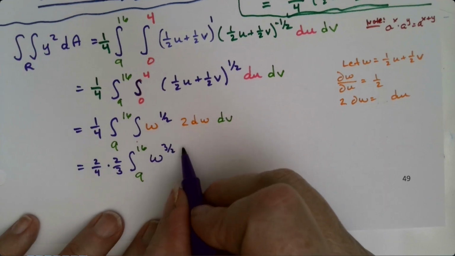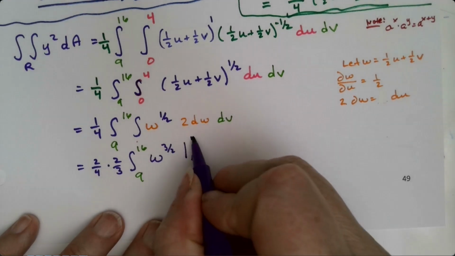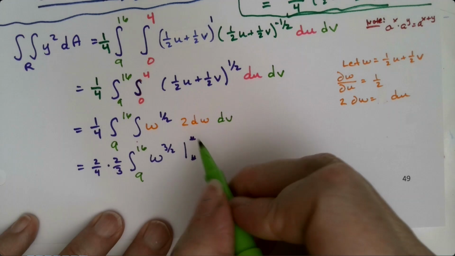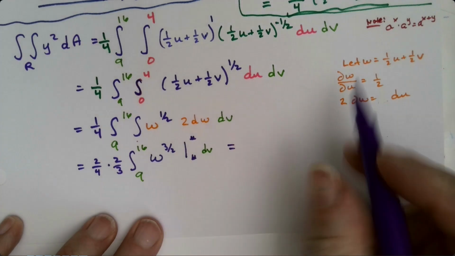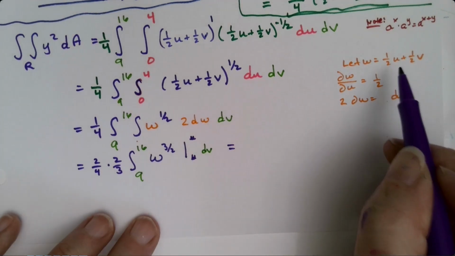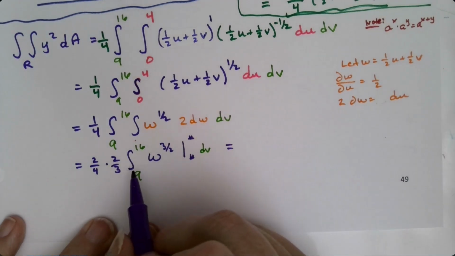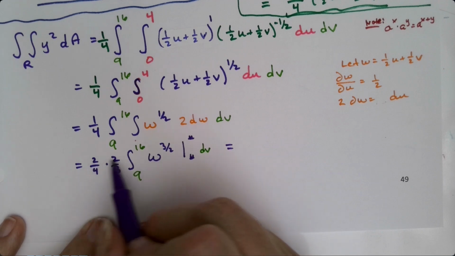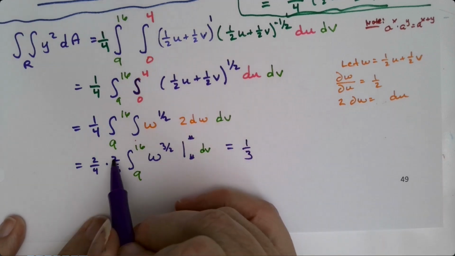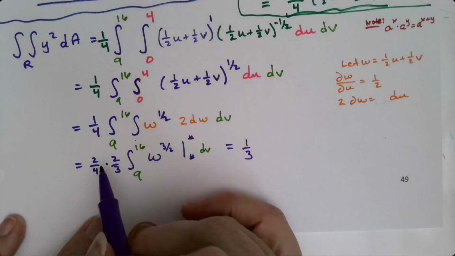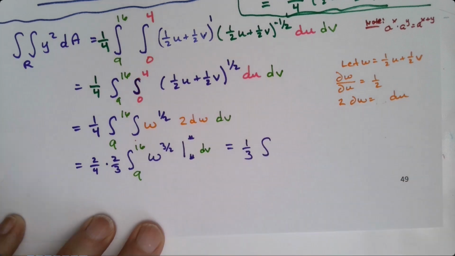And then this is going from some number to some number that I never found, dv. So I'm going to put back in what w was. So this is going to be 1/3 in front, because 2 times 2 is 4, 4 divided by 4 is gone. And then integral from 9 to 16.